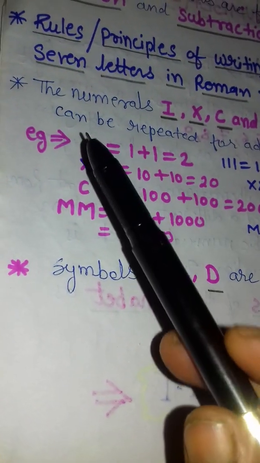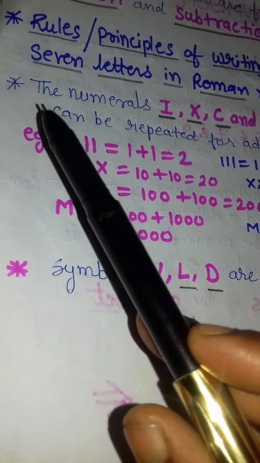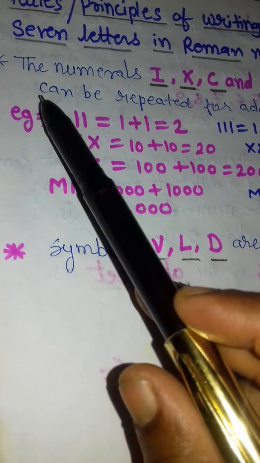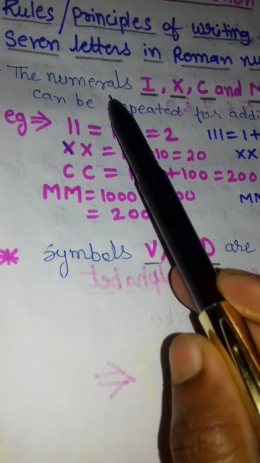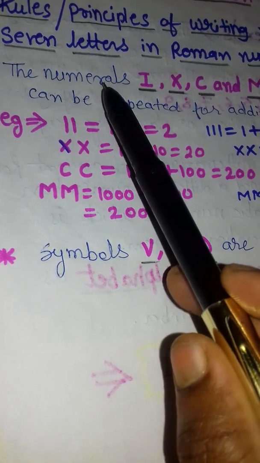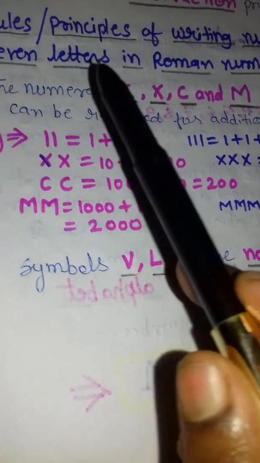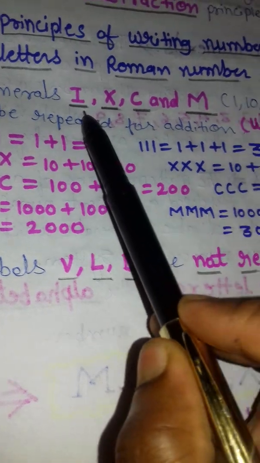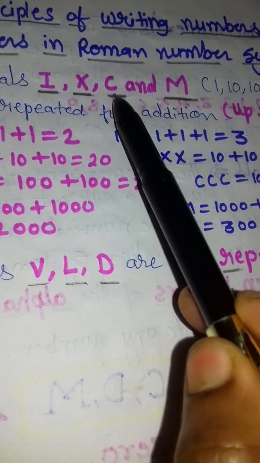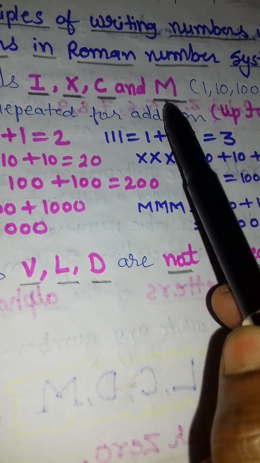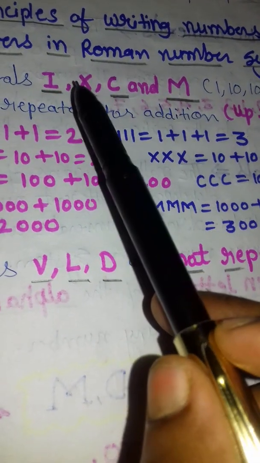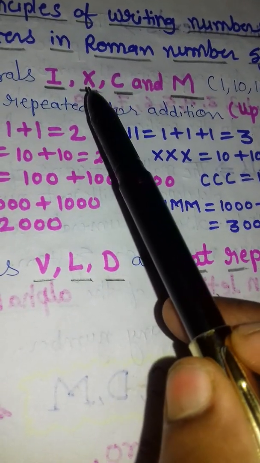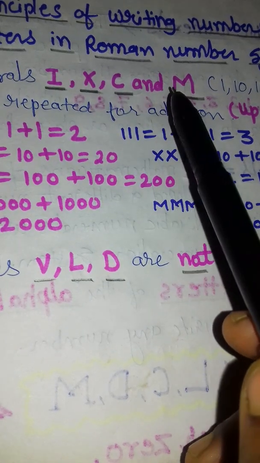See carefully, students, the first rule is about the numerals, meaning the symbols, because there are 7 symbols, no? The symbols I, X, C and M. Remember students, these 4 symbols I, X, C and M.